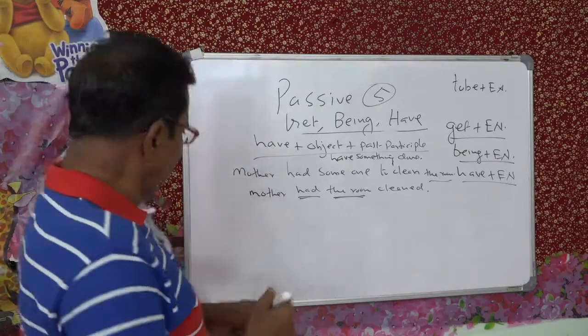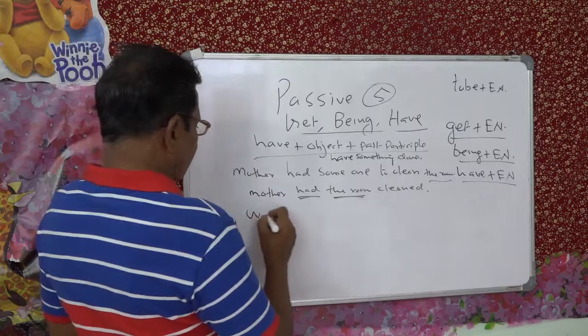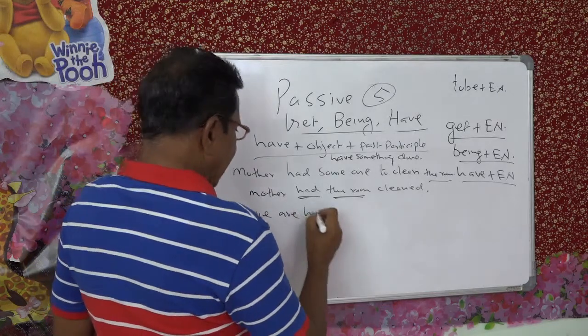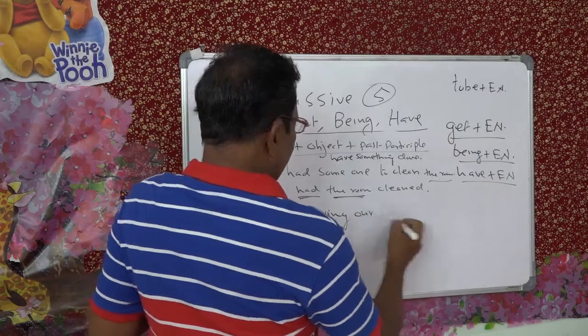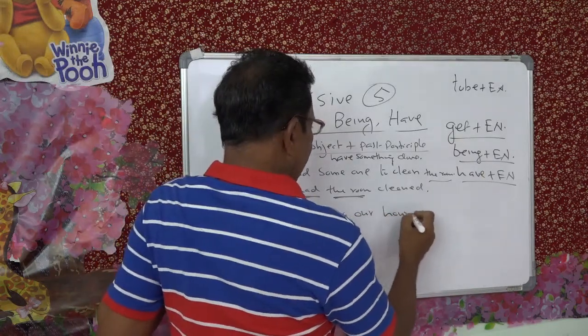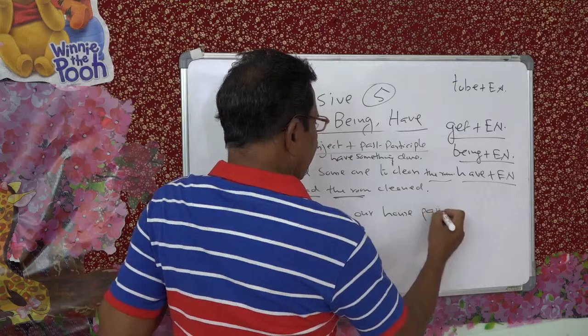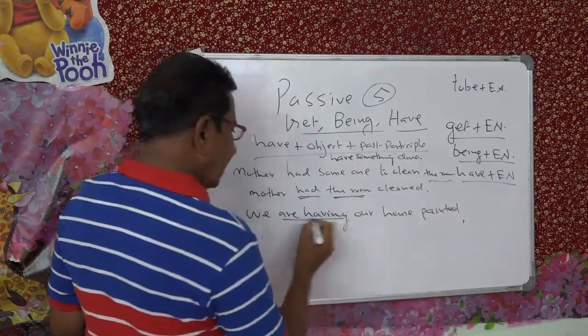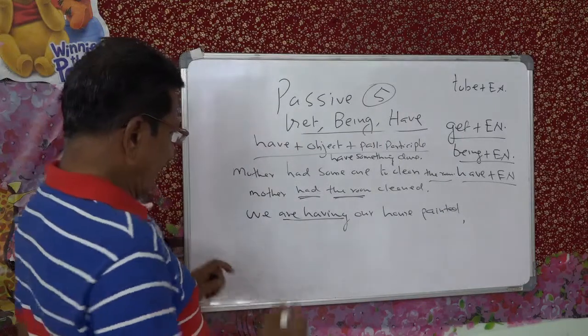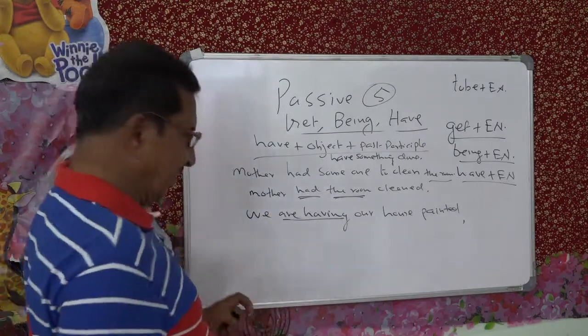Have something done. For example, you can say, we are having our house painted. See that? So here we are having, continuous. Now you want another one?